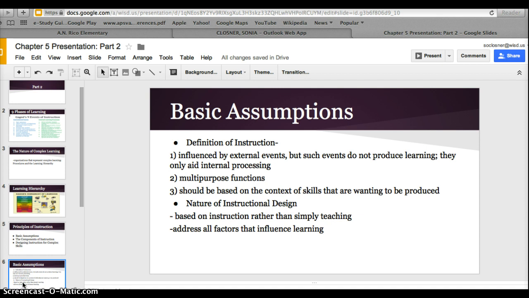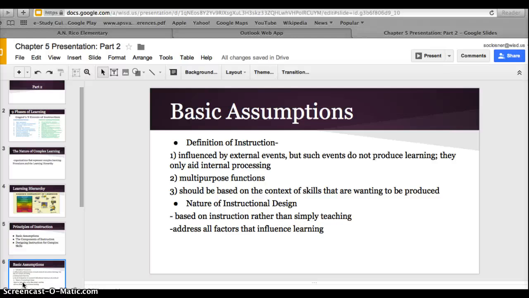Basic assumptions. Learning can occur whether or not instruction is present. When events are deliberately planned to support learning, they are instructional events. These external events do not produce learning. Instead, they can only support the learner's internal processing. A second characteristic of instruction is that it does not have a single unitary purpose.